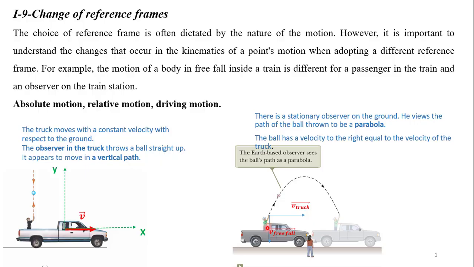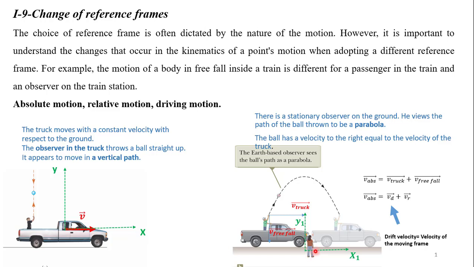We have the same child throwing the ball upwards, and the same truck moving to the right. If we draw the frame of reference related to this observer, we note it as OX1Y1.